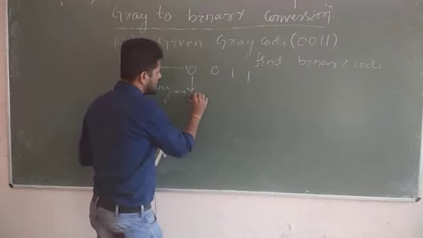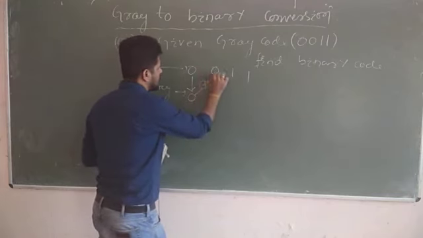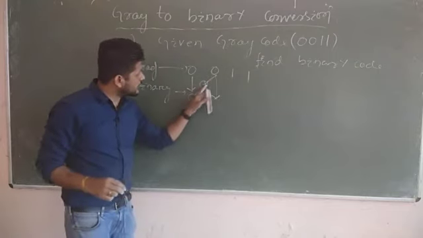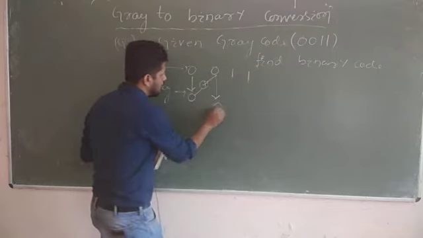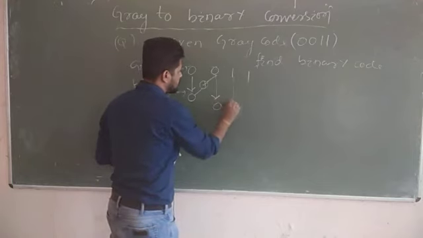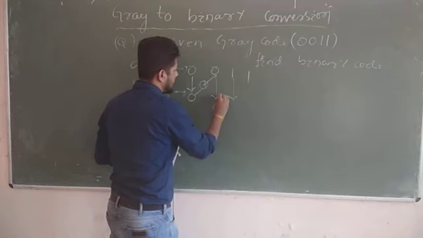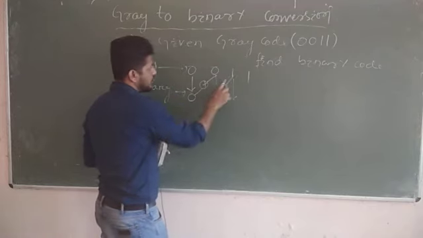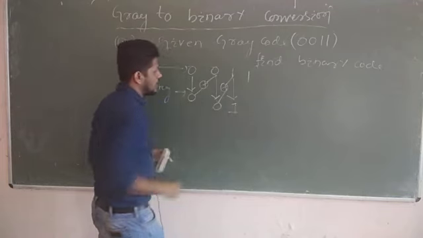The next bit is XOR with the previous one, and then you write it. So 0 XOR 0 always gives you 0. Then to write the next number, this is XOR with this. So 0 XOR 1 is 1.